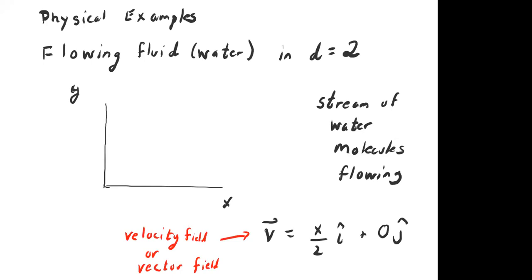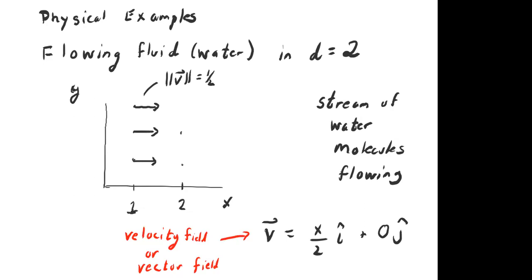So let's see how this works. So along the x-axis, you have 1 and 2, so that's enough. So let's just pick 3 particles, 3 water molecules in the fluid, 2-dimensional fluid. At x equals 1, each one of these water molecules moves in the I hat direction, specified by a vector of magnitude 1/2. If you evaluate the velocity field at x equals 1, you get a vector that points in the I hat direction and has a magnitude of 1/2.